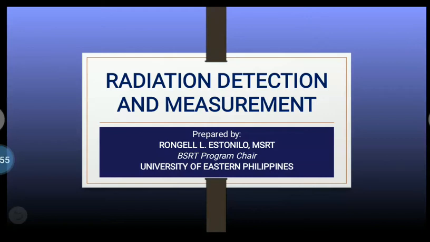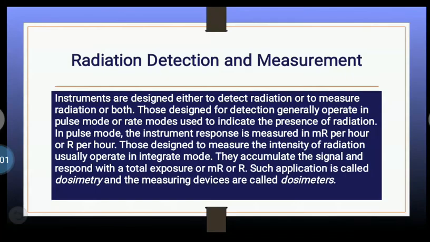This morning we will discuss radiation detection and measurement. Based on module 4, we have discussed the different fundamental principles of radiation protection: the principle of justification, optimization, and of course dose limitation.